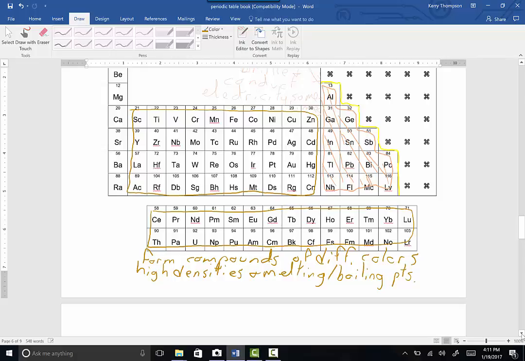Which means that if the boiling point and melting point is very high, then we find them as solids at room temperature.